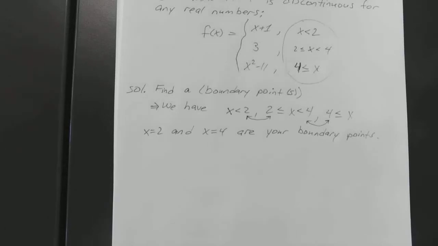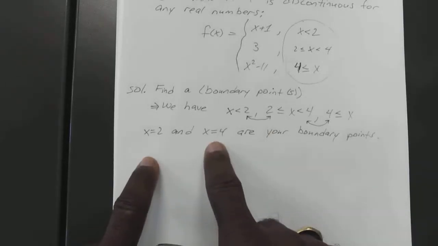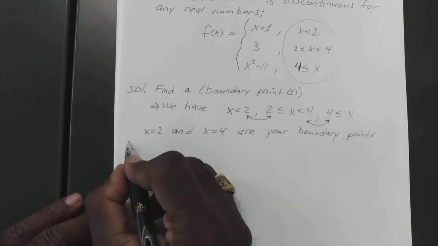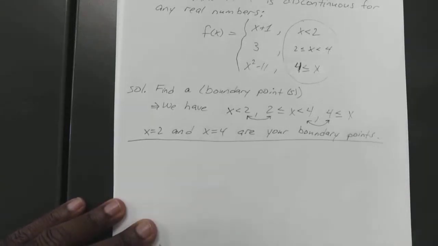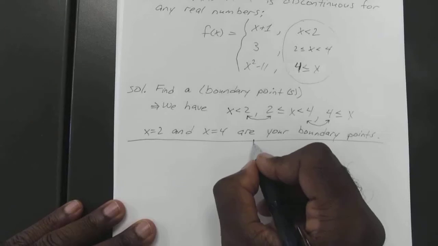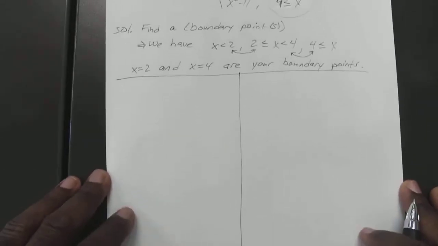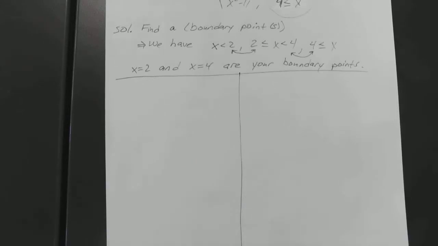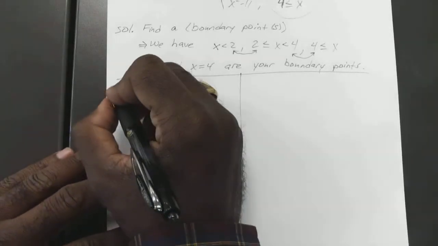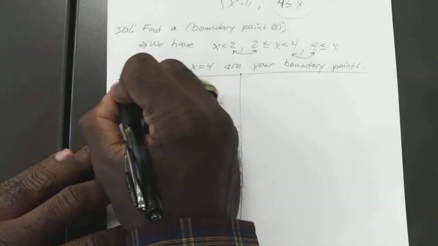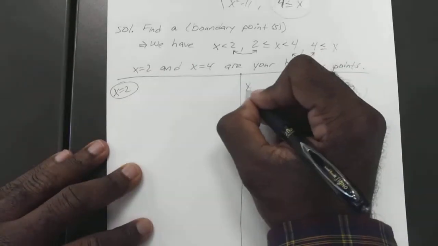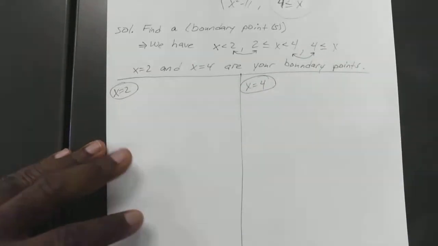Okay. So what we have to do is we have to do steps 1 through 4 for both of those points. So you can kind of draw a little barrier there. We can do x equals 2 on this side and x equals 4 on this side.